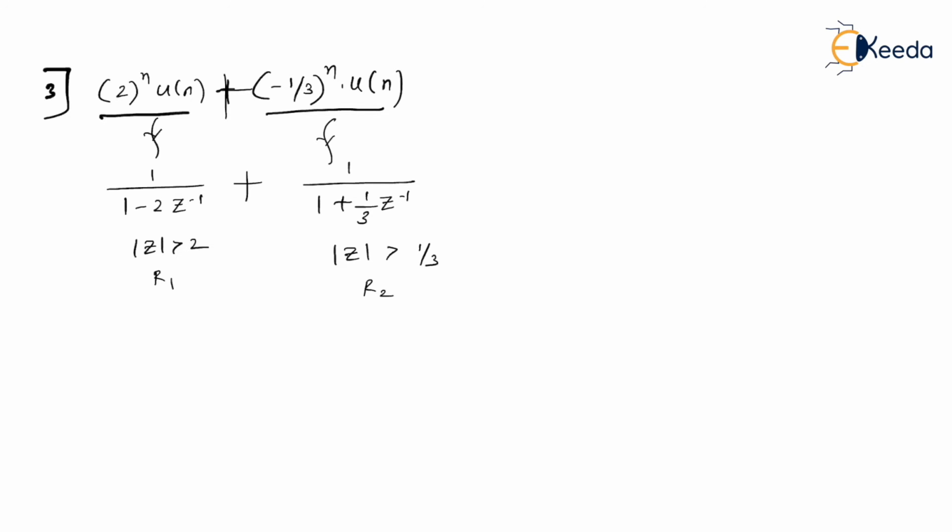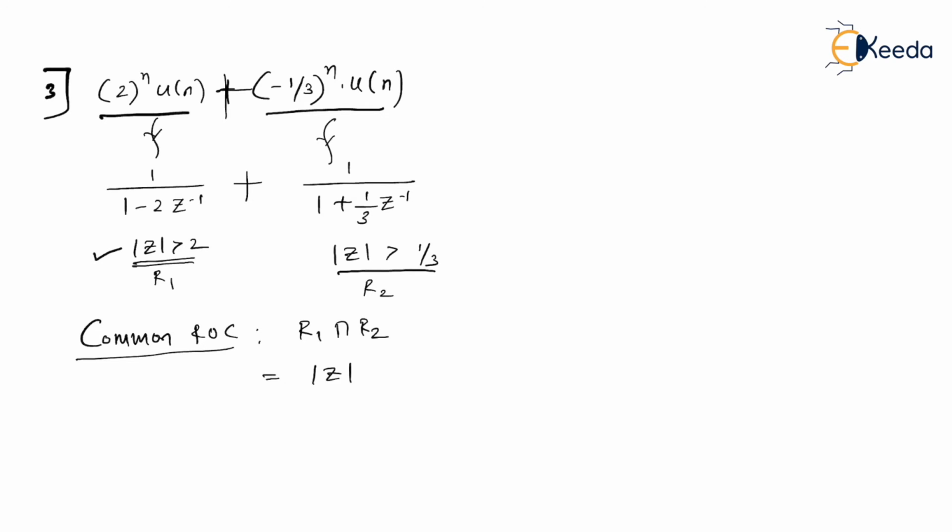Then what is the common ROC? This claims it is greater than 2, this claims it is greater than 1 by 3. In order to satisfy both, I'll select this ROC, because if I take this ROC, when I say mod of z greater than 2, it satisfies greater than 1 by 3 also. So the common ROC is R1 intersection with R2.